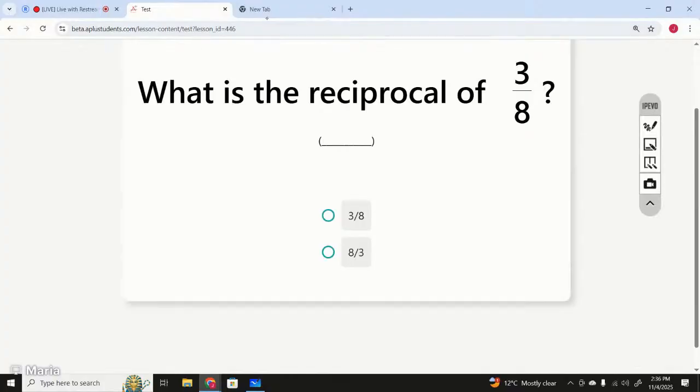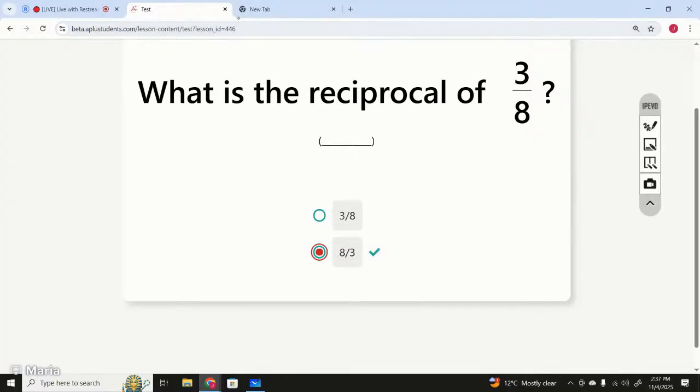What is the reciprocal of 3 by 8? That is 8 over 3.